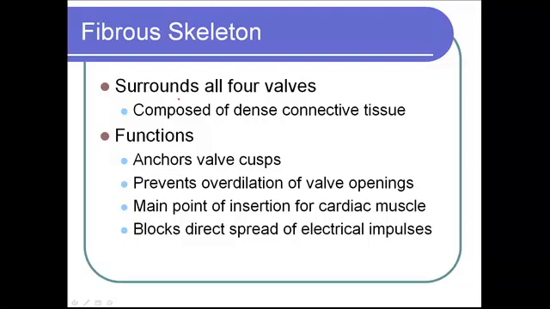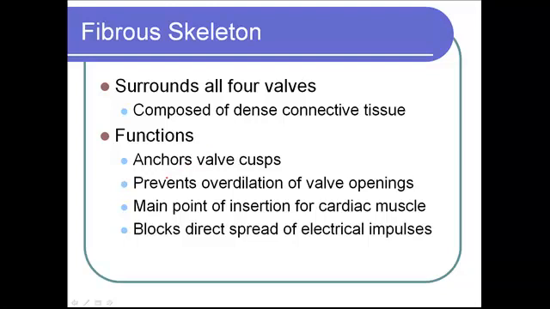There's a fibrous skeleton that runs between the 2 atria and the 2 ventricles. It's made of connective tissue, and you can actually dissolve all of the organic portions of the heart, and you can be left with this dense connective skeleton, which is kind of white and fibrous. And within that are anchored all of these valves.